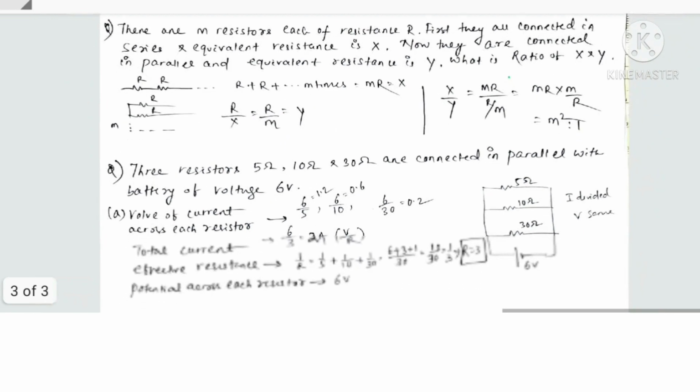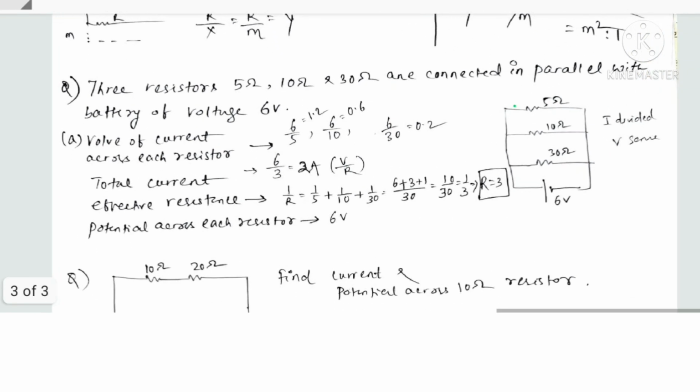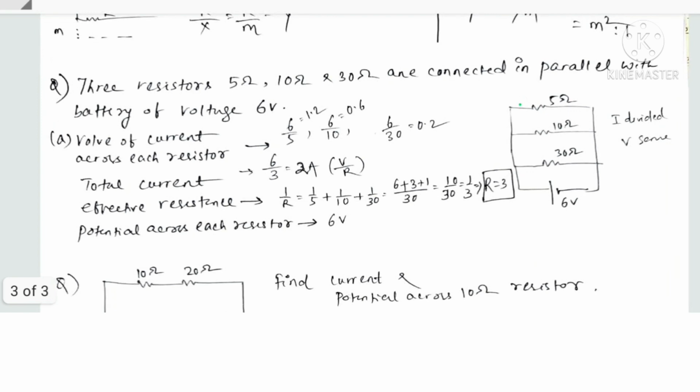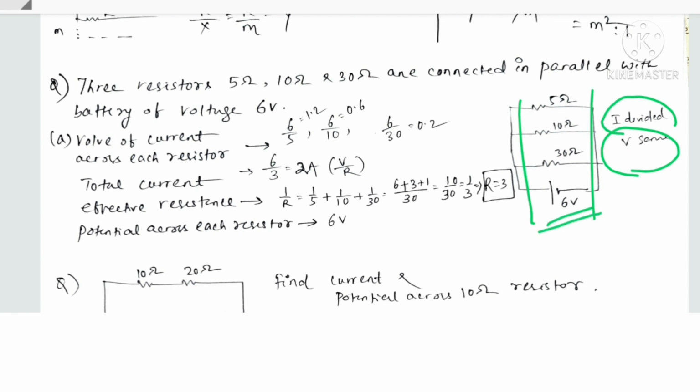Next question. 3 resistors 5 ohm, 10 ohm, 30 ohm are connected in parallel with a battery of 6 volt. Okay, so parallel combination is given, 5, 10 and 30. Okay, we know that in parallel combination, voltage remains the same across each resistor and current gets divided. Voltage given is 6 volt.